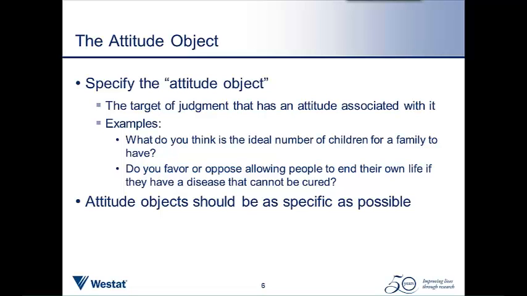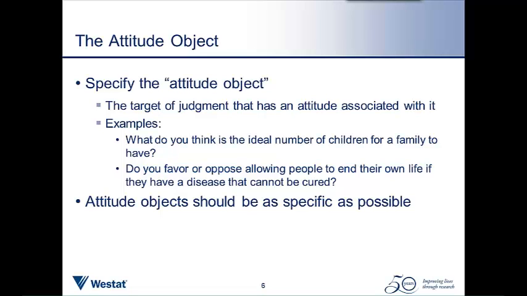What do you think is the ideal number of children for a family to have? The attitude object being the number of children that families should have, ideally. Another example might be, do you favor or oppose allowing people to end their own life if they have a disease that cannot be cured? And again, the attitude object is how people feel about end-of-life issues.